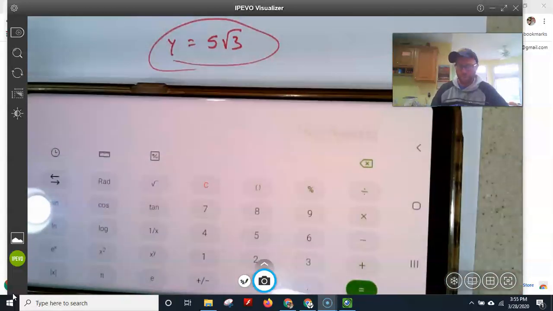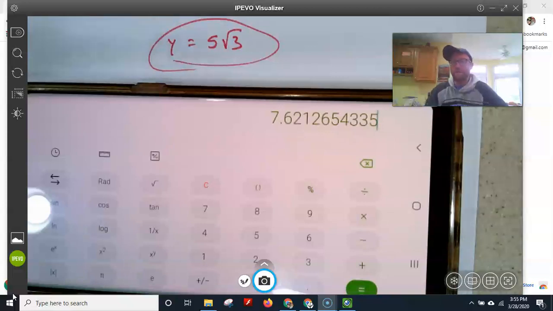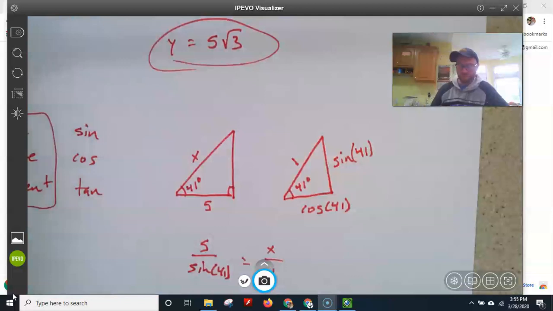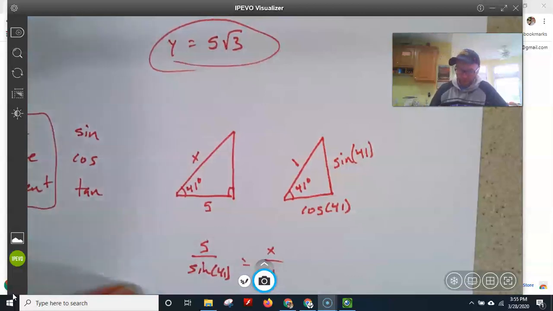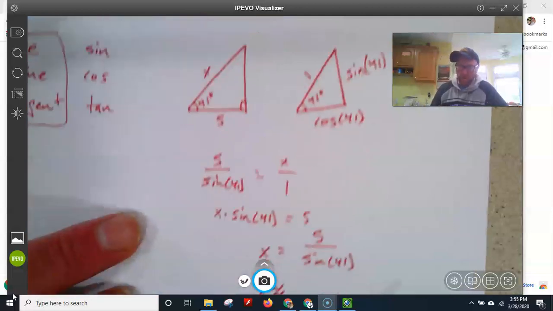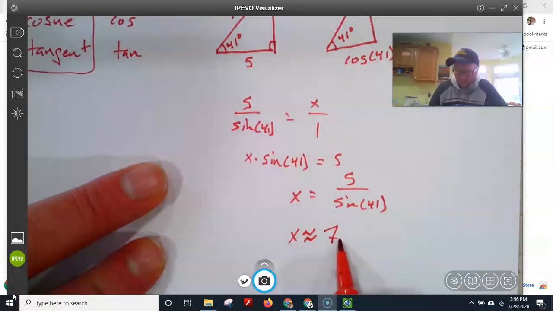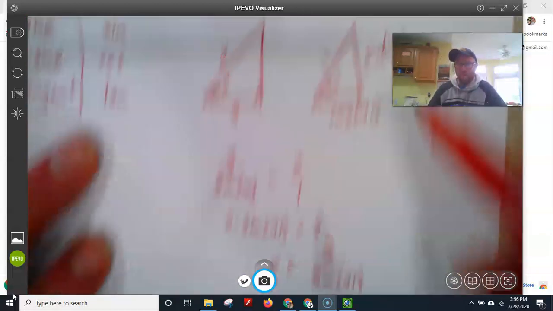And I get 7.62. And of course, sine, cosine, tangent, they're crazy decimals that just go on forever most of the time. So we'll round it off to 7.62. So x approximately equals 7.62.